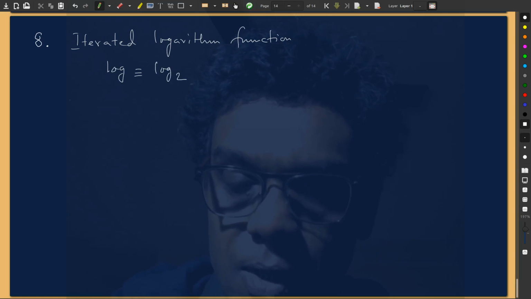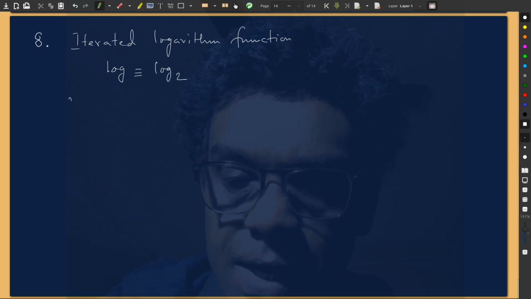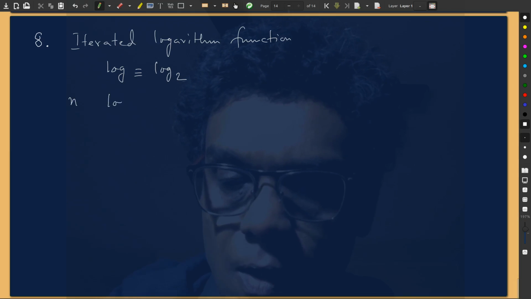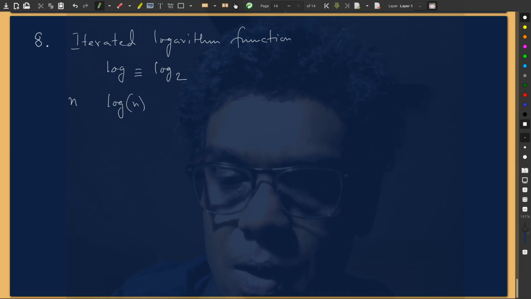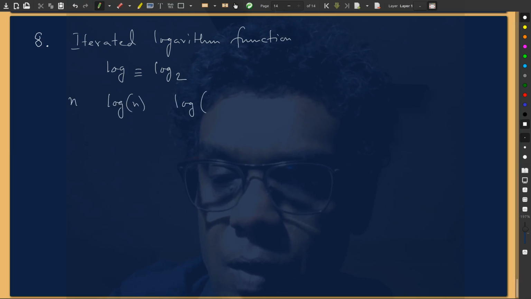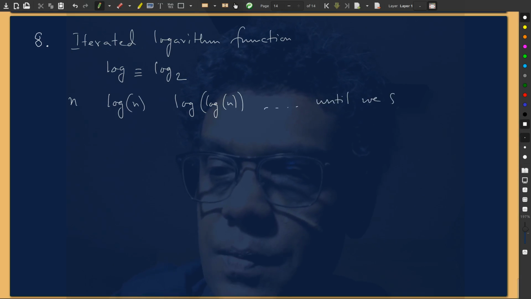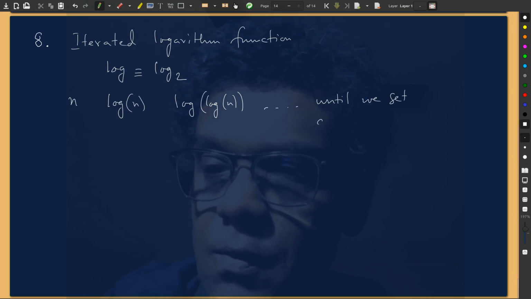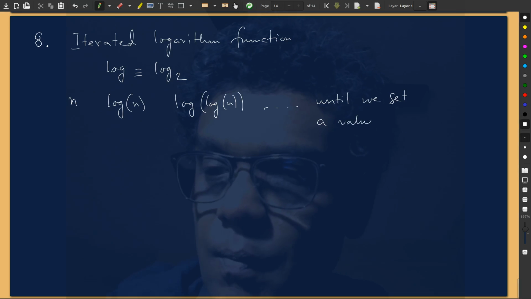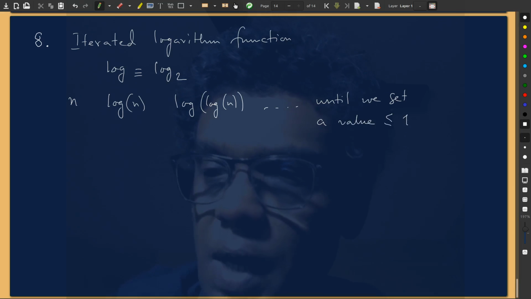So you start with some number n, take log of n, take log again, and so on until we get a value less than or equal to 1.